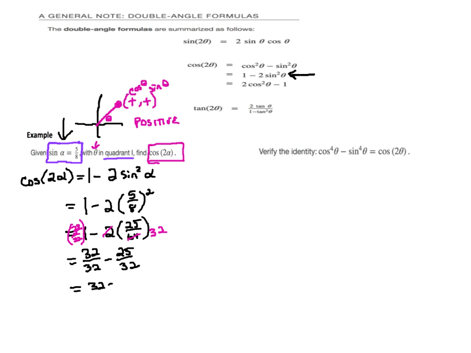Well, now I'm ready to combine my numerators over my common denominator. And then 32 minus 25 is 7/32. Now the only thing that I want to go back and double check is, okay, did I end up with a positive value? Because if I didn't, then I need to make it a positive value because cosine is positive in the first quadrant.